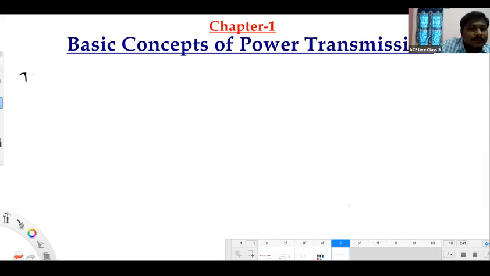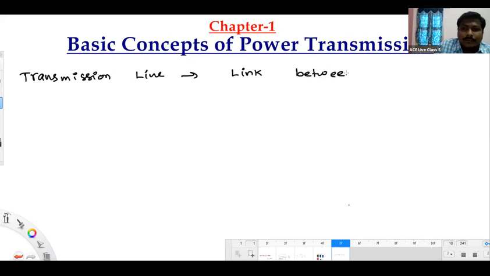Transmission line: it's a link between generating station and load center.